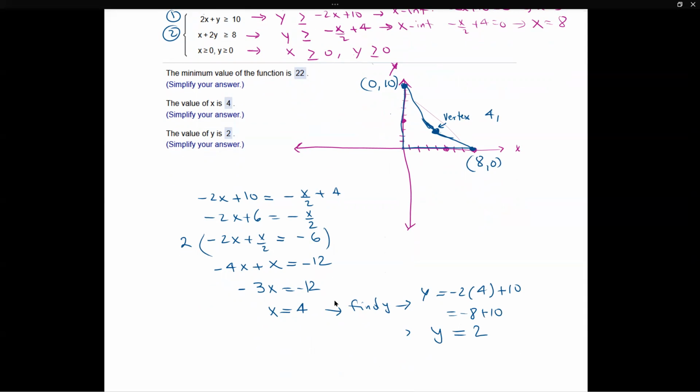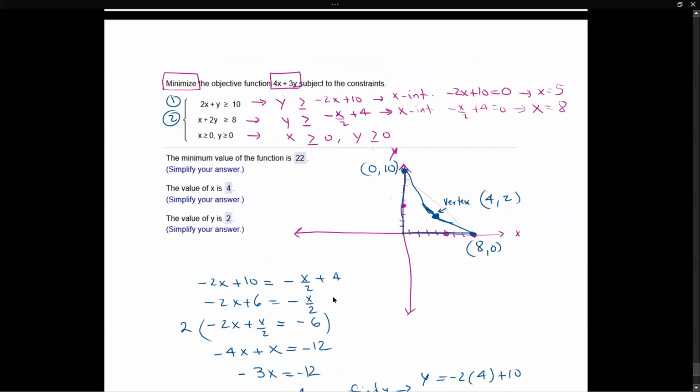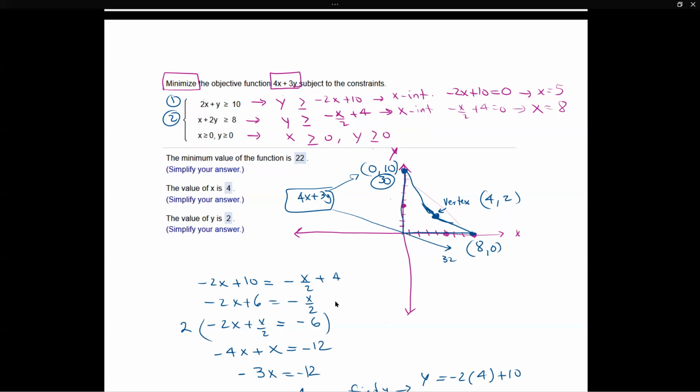All right, so the vertex is (4, 2). Now we are ready to minimize, and the objective function is 4x plus 3y. Let's write it here. So 4x plus 3y with this (0, 10) is 30, right? With this one is 32.